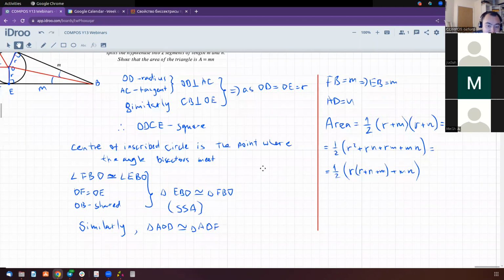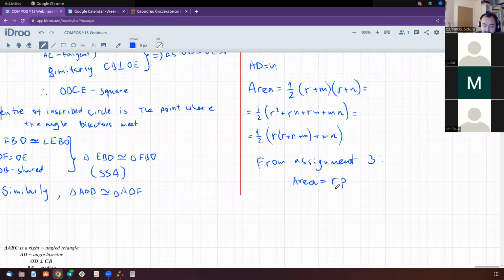in the assignment, from assignment 3, you will learn that the area of a triangle is equal to the half, the radius of the inscribed circle multiplied by the semi-perimeter of the triangle.